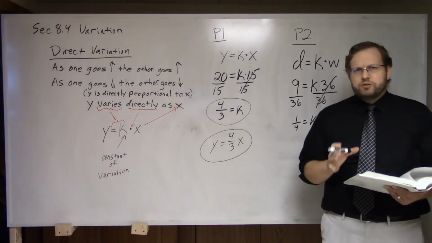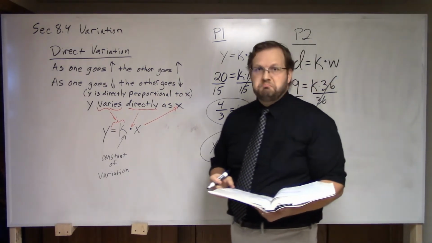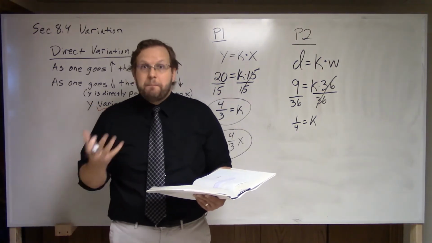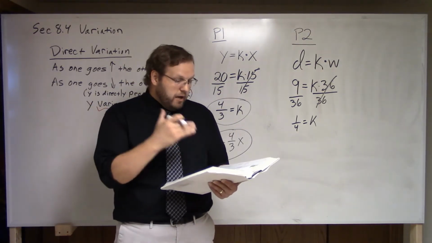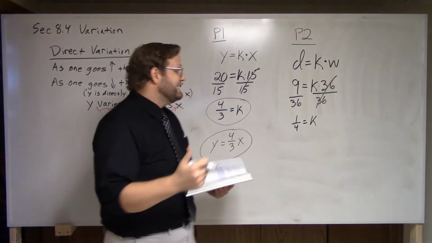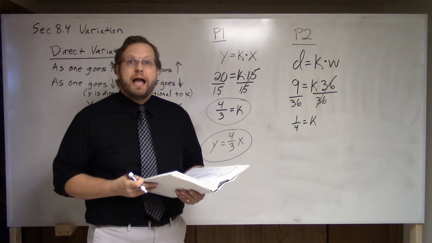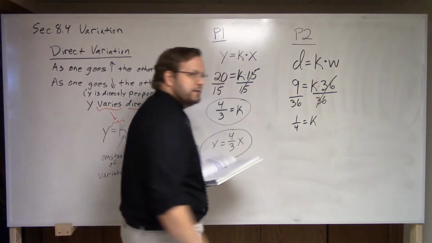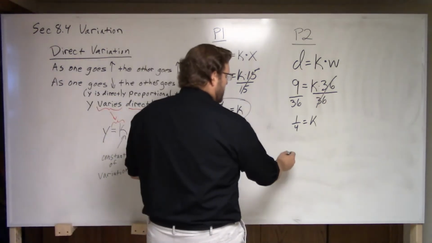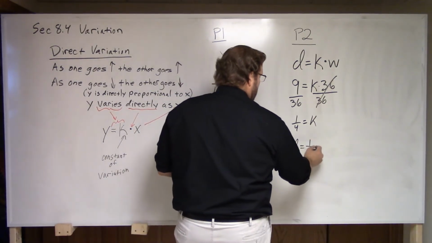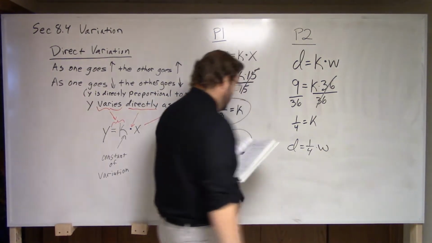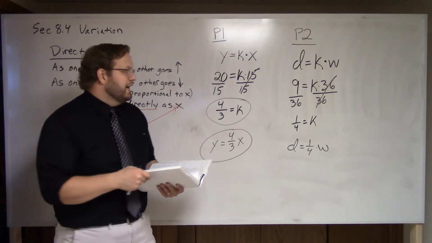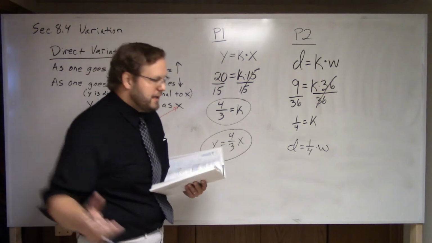Now, did they ask you specifically to find that constant of variation? No. But we need to have that in order to find anything else about this spring. And in particular, they want to know, if I attach 75 pounds to this thing, how far is it going to stretch? Okay, so let's find that out. I got my constant. What about my equation? My equation should be distance equals 1/4 times the weight. What's good about this is, again, I have 36 pounds of weight, I can throw it on there.